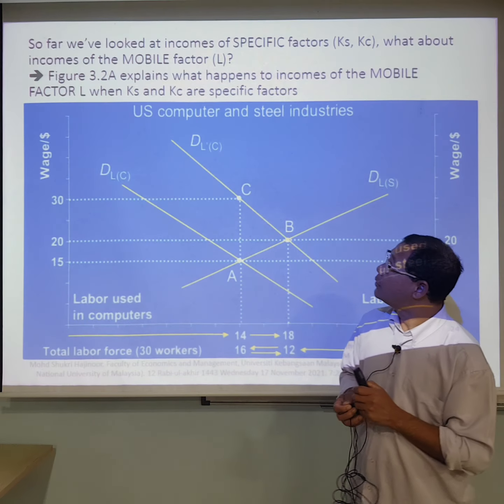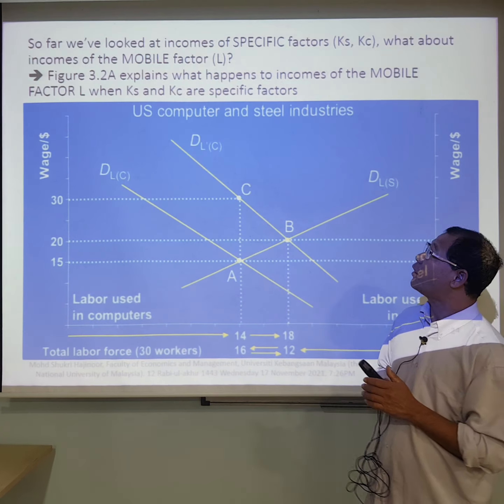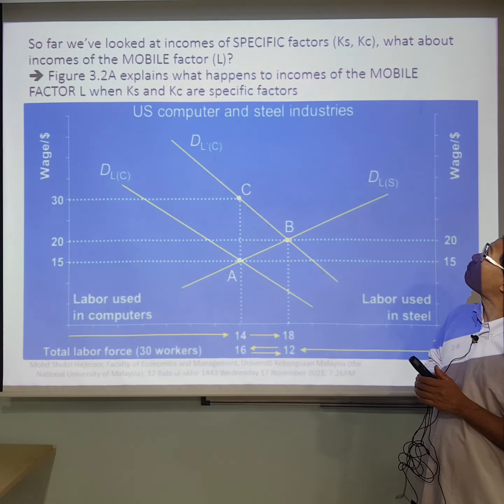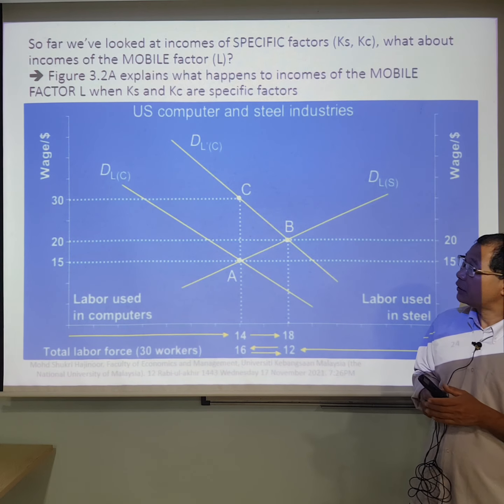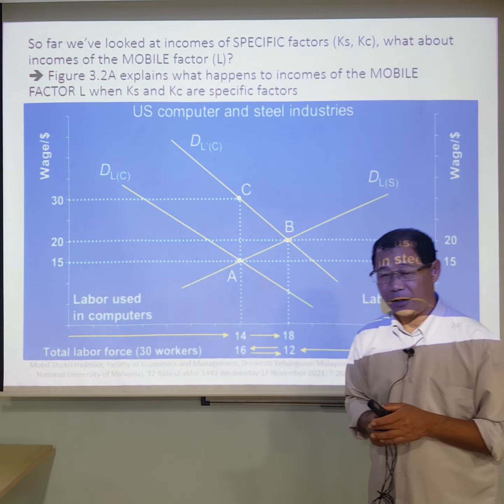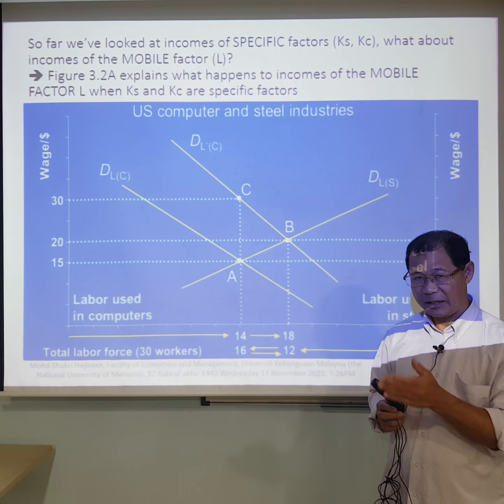So far, we've looked at the incomes of the specific factors, KS and KC. What about the incomes of the mobile factor, labor?